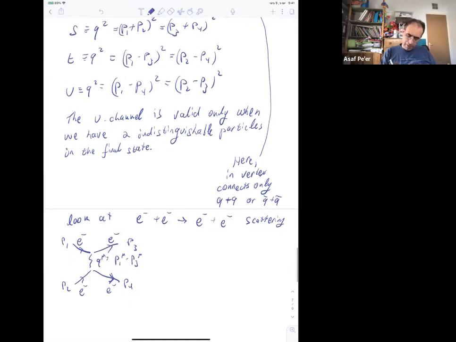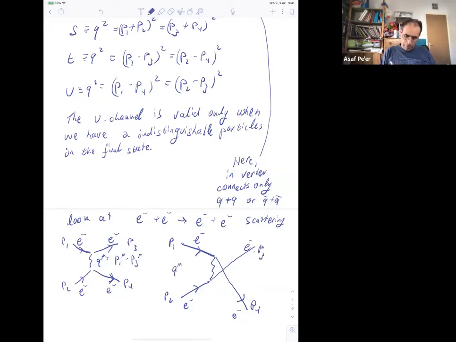So we can have something that looks like that: two electrons coming, P1, P2, and then P1 interacts with the P4 electron, and P2 interacts with the P3 electron.